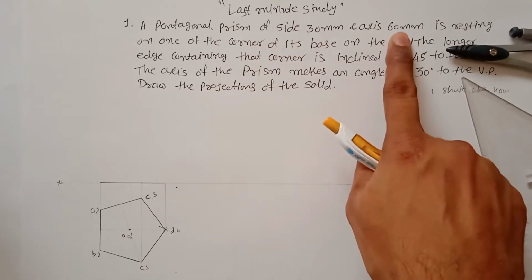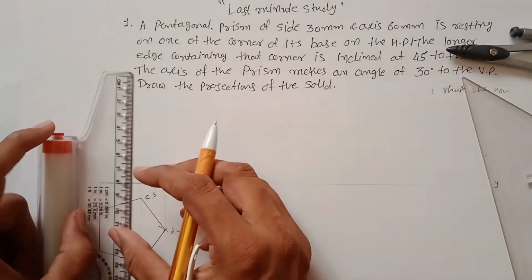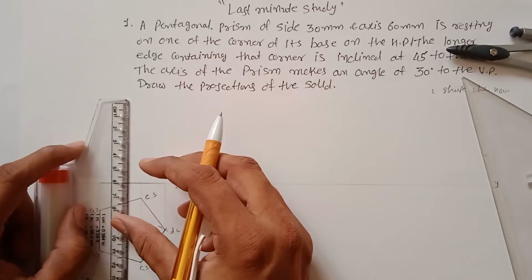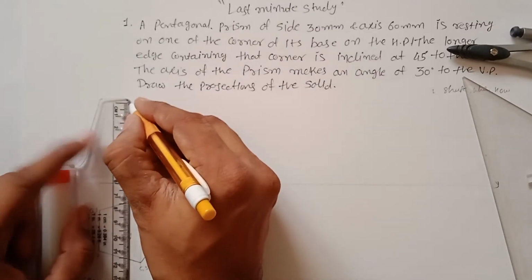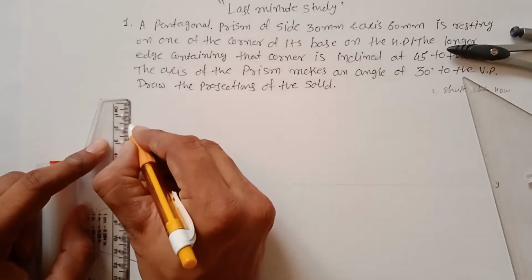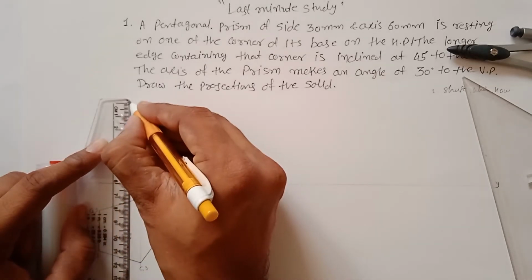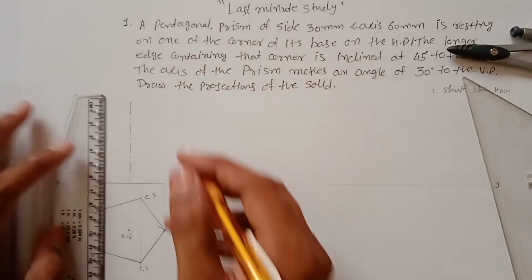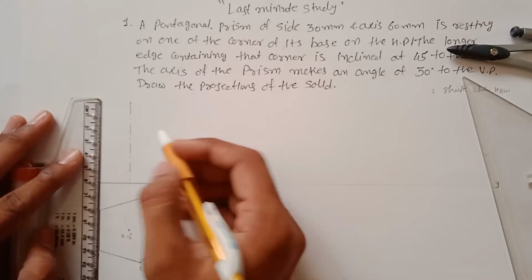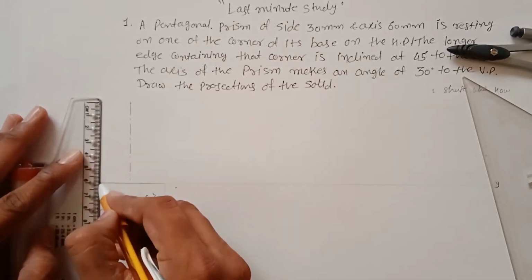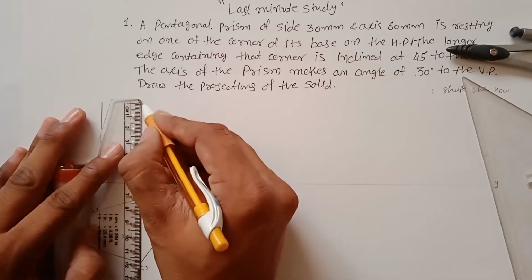So you have to draw a line at 60 mm height. This is your axis, so the axis must be drawn as a long-short line, and draw edges from each and every corner to complete the front view.